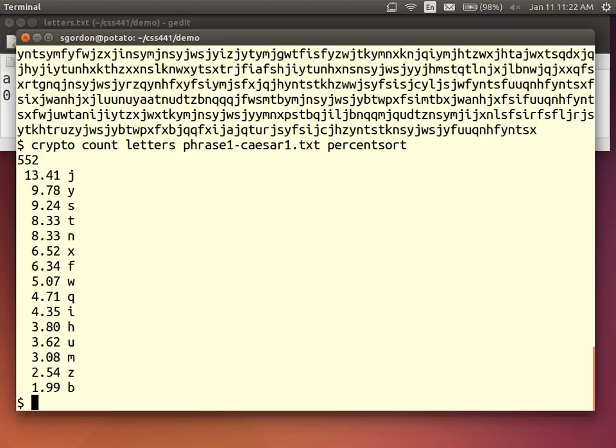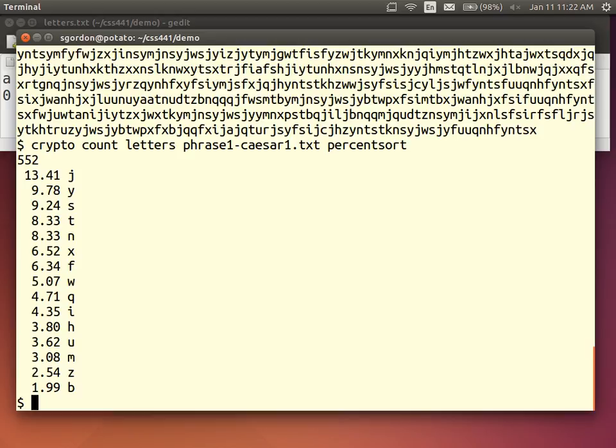Most likely it was E. Because if E was the most frequent letter in the plaintext, and we substitute that with one other, and J ends up the most frequent letter in the ciphertext, then it's most likely that E and J map to each other. That is, E is the plaintext, J is the ciphertext. If that was true, what would the key be? E moves right 5 positions to get J, so we would assume that the key is 5.